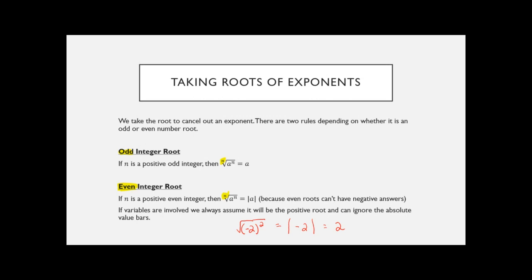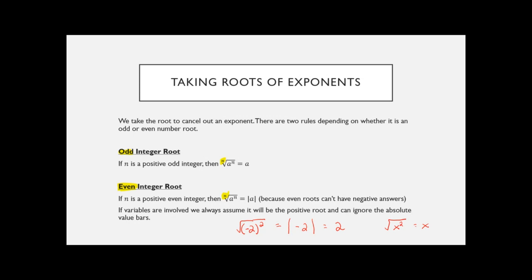You're not going to run into this too much and have to worry about the absolute value, but it is technically part of the definition. And whenever we have variables and we don't know if it's going to be positive or negative coming out, we just assume that it's going to be positive. So like if you had the square root of x squared, we just say it's x. We don't bother putting the absolute value symbols around the x.